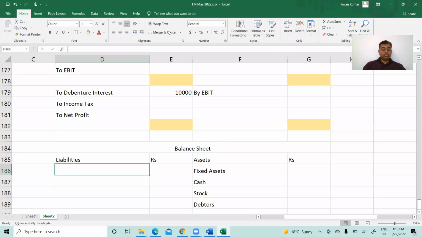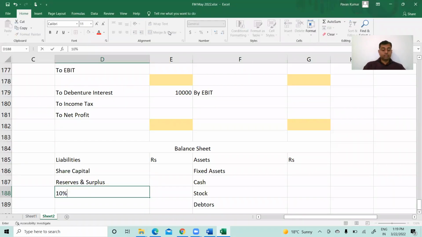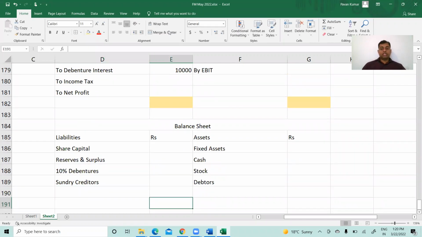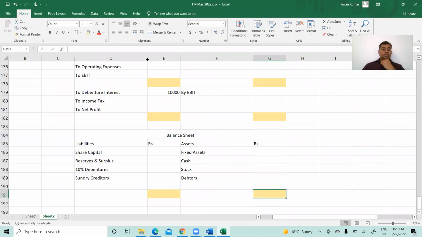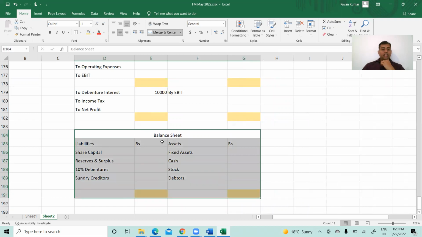Share capital, reserves and surplus, 10% debentures and creditors. So this is the balance sheet. What you have done is just copied the pro formas. This is the balance sheet. The above one is P&L.